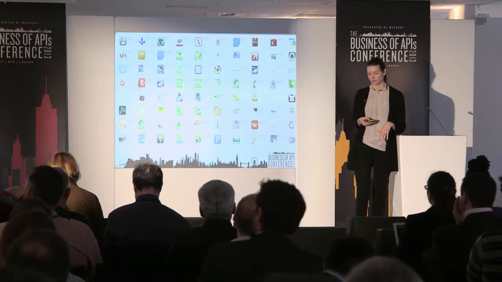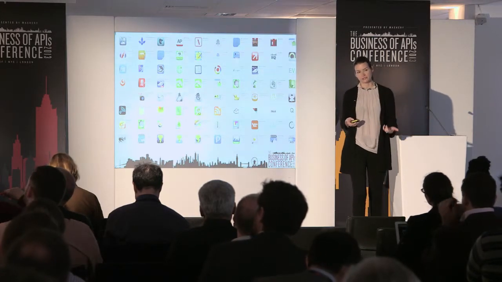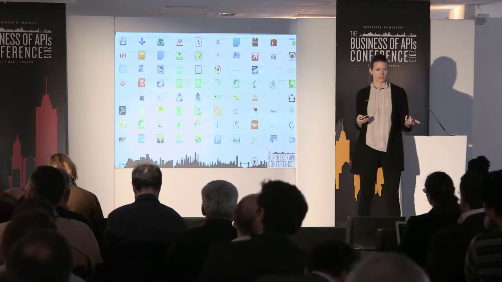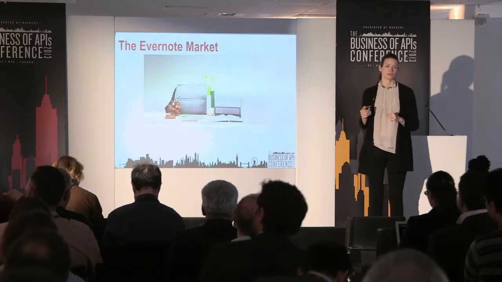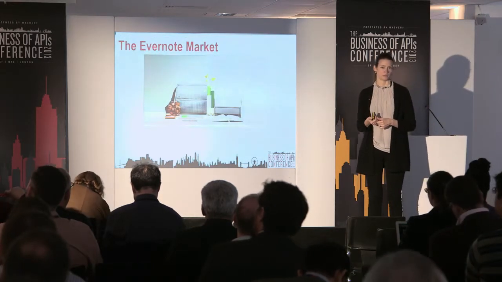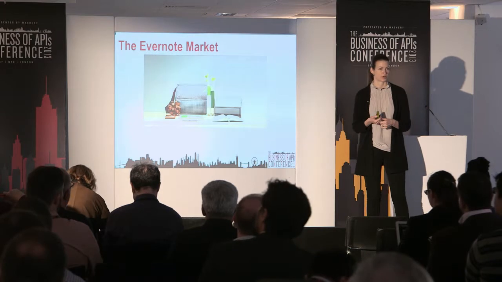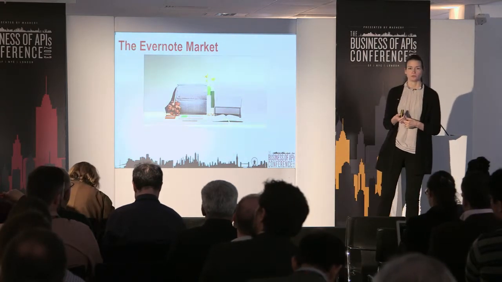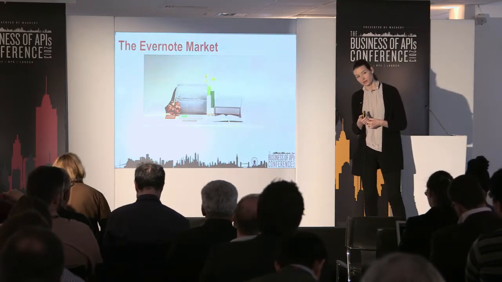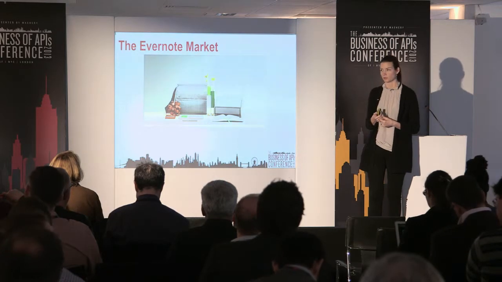Just a quick snapshot slide of some of the applications that are built off of our platform. There's definitely a huge app aspect to our API, but there's also a physical aspect to our API. We recently launched a whole line of physical products that are integrated with Evernote and make Evernote work better and make these particular physical products work better.